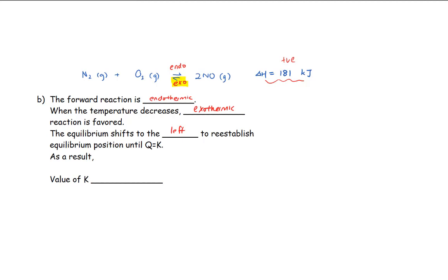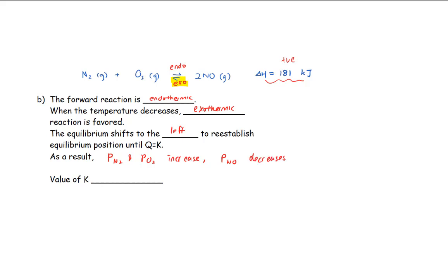So equilibrium shifts to the left to re-establish equilibrium positions until Q equals K. As a result of this equilibrium shift in the reverse direction, the partial pressures of N2 and O2 increase, and at the same time, the partial pressure of NO, nitrogen oxide gas, decreases.